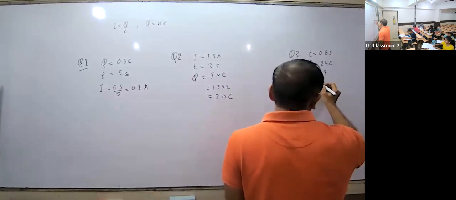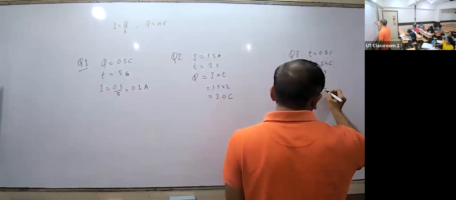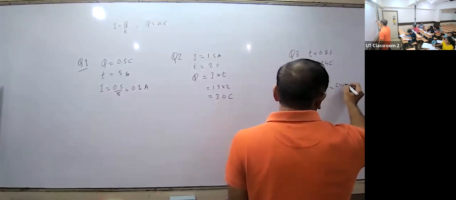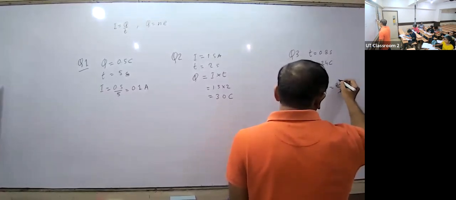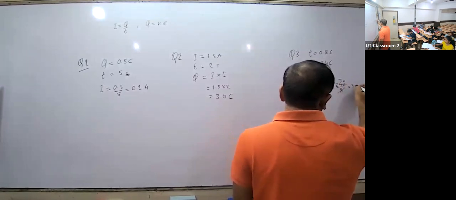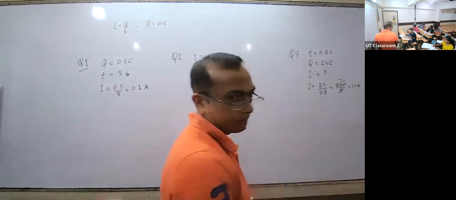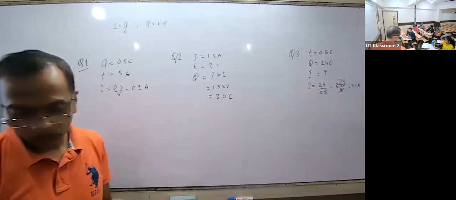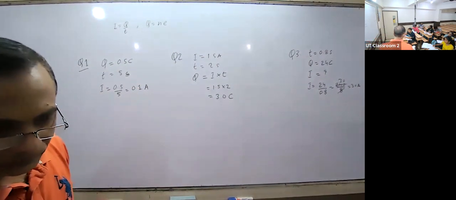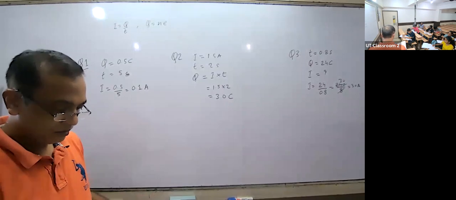I is equal to 24 by 0.8, it is 240 by 8, and that is 30. ठीक है? So this was 30. Okay.